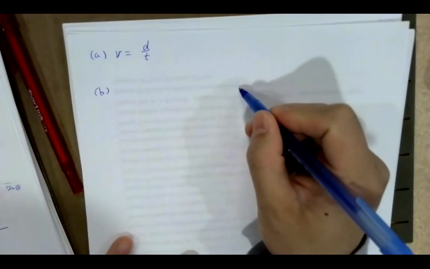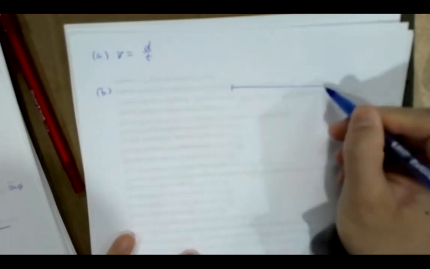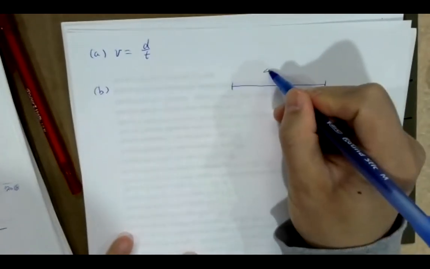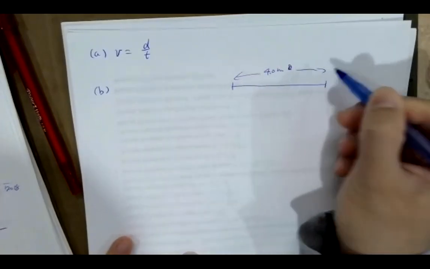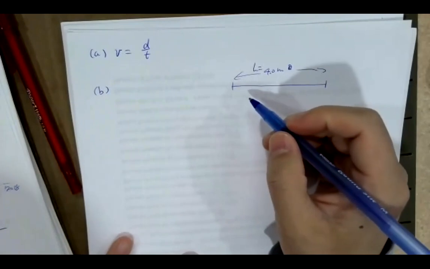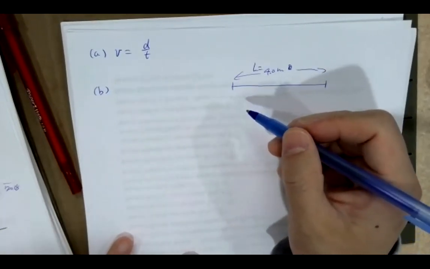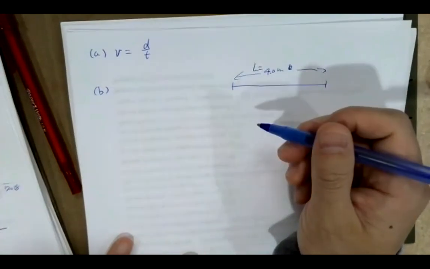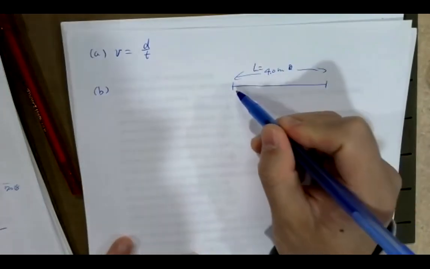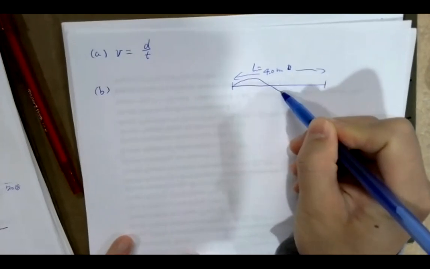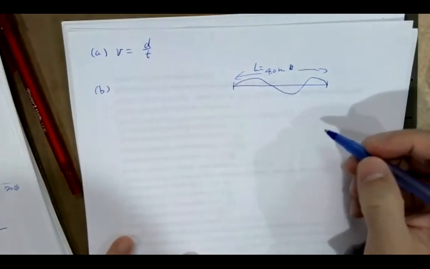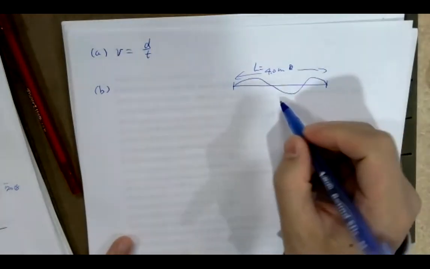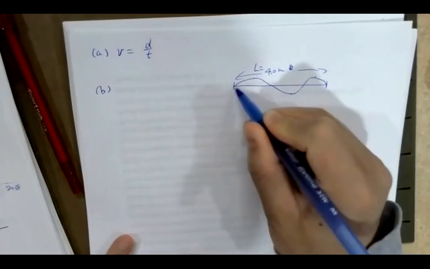For B, you can sketch the problem. It says the slinky is 4.0 meters in length, so L is equal to that. It says it has 3 antinodes and 4 nodes. Okay, so something like this. I don't think my figure is correct, but 3 antinodes and then 4 nodes.